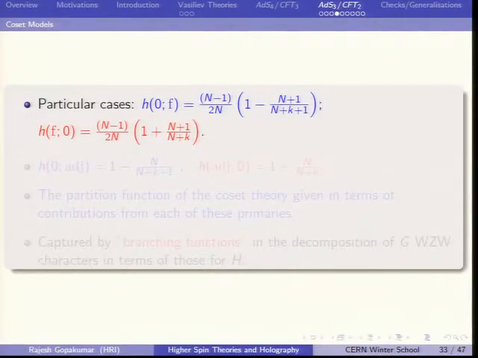And particular cases are when you take one of the representations to be the vacuum, the other one to be the fundamental, you get some expression, and the other way around, something else. But we'll come back to these expressions.